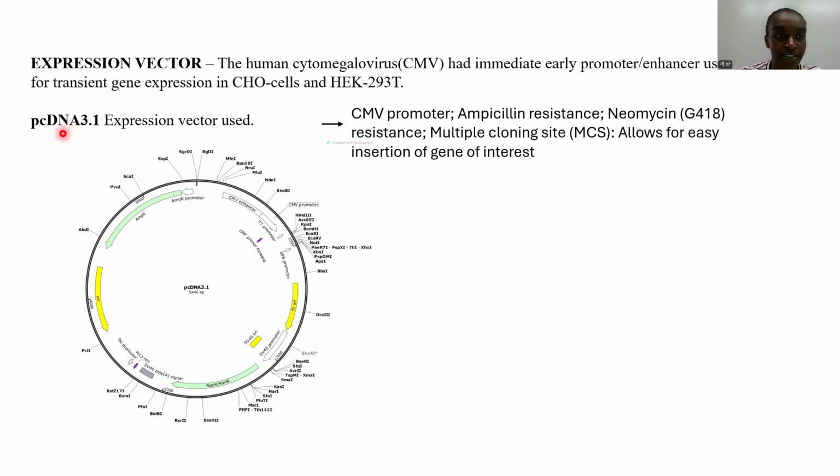Additionally, this expression vector is preferred because it has an ampicillin-resistance gene, a neomycin-resistance gene, and multiple cloning sites to allow ease of insertion of the gene of interest during the cloning process, as you introduce the gene of interest to produce the transient gene expression system.